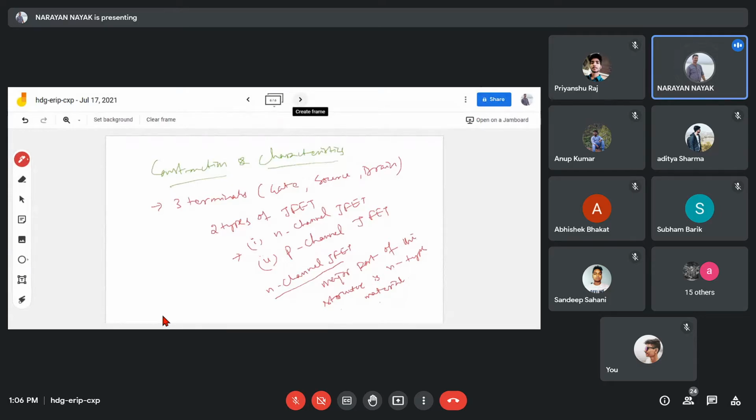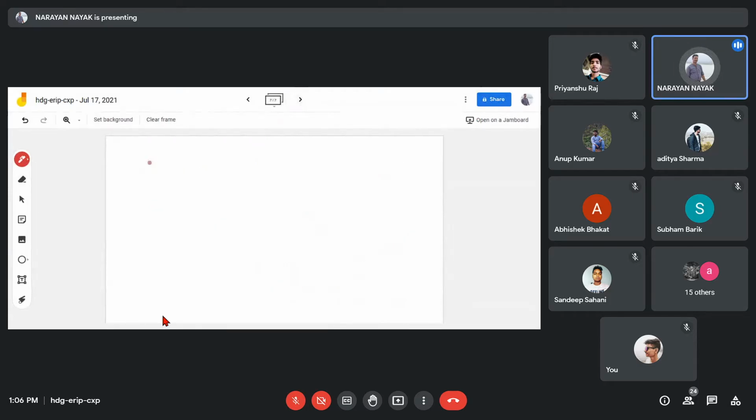So just see here what the N channel JFET is.